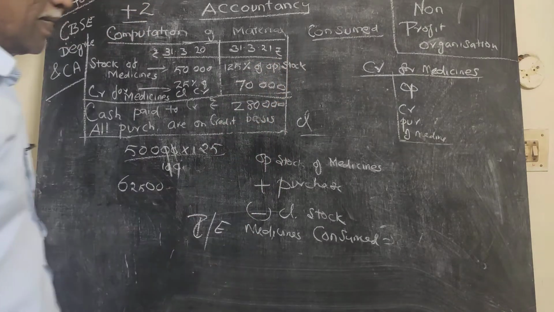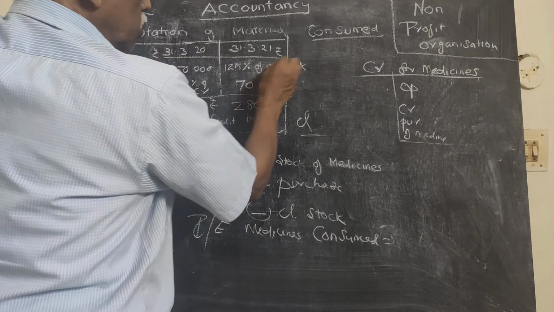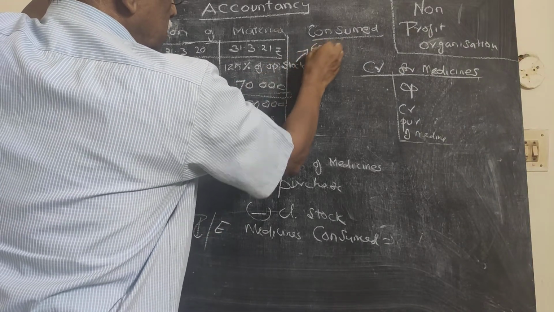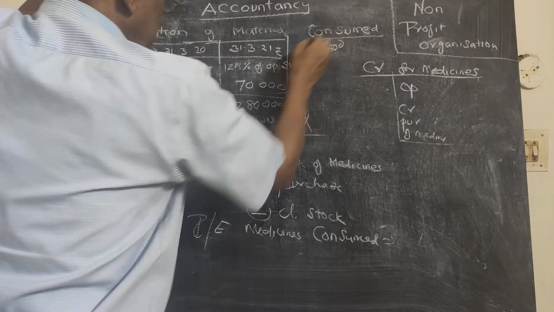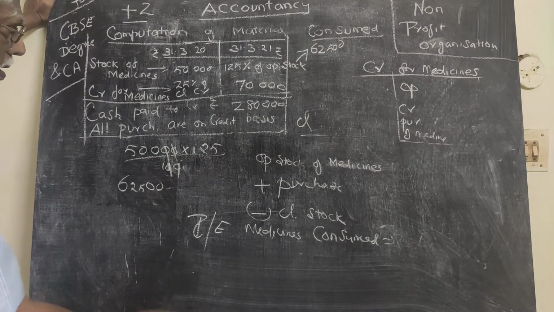Instead of giving directly, they are given like that. So this you can calculate first, 62,500. Second, 70,000 is the closing balance as on 31st March 2021.